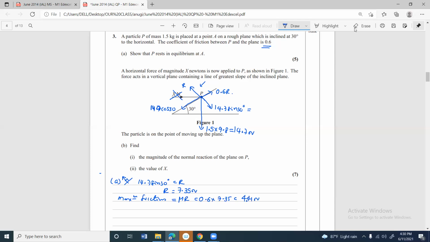Then we will get the downwards force. What is that force? It's 14.7 cos 30. That is 12.73.